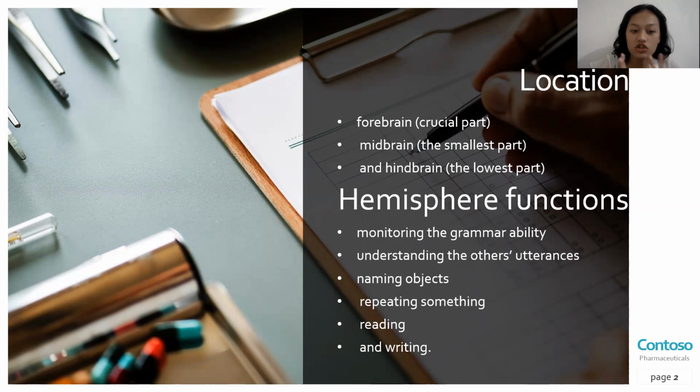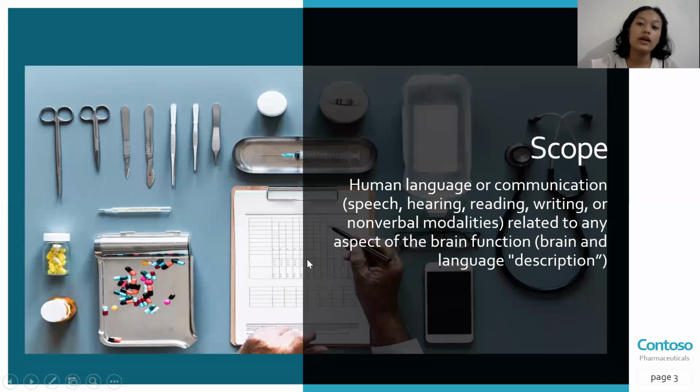The linguistic area is located in the left hemisphere of the brain. This hemisphere's function is monitoring grammar abilities, understanding other utterances, naming an object, repeating something, reading, and also writing.